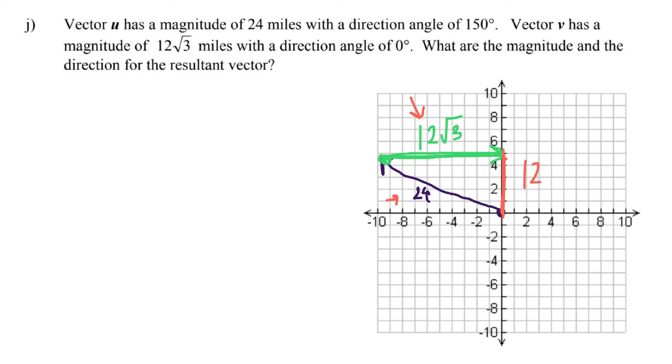So that tells me that the magnitude of that resultant vector is 12 miles. And if we look at a direction angle, again, you start in standard position and we're going to go to that vector, which is right there. So it looks like the direction angle is going to be 90 degrees.